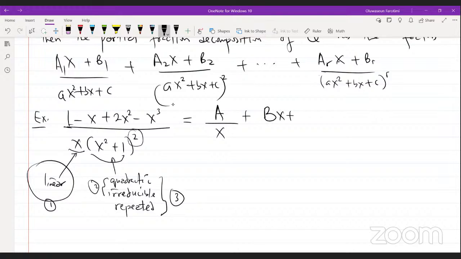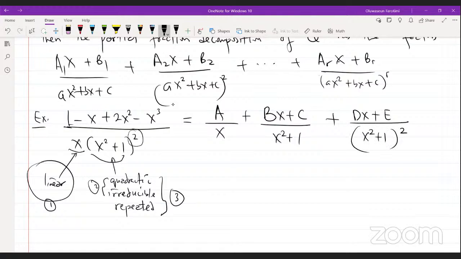You write Bx plus C. Now, the fact that it is quadratic, irreducible, and repeated, you write Dx plus E divided by the whole square, and then you solve for A, B, C, up to D. But of course, this guy is much work to do.